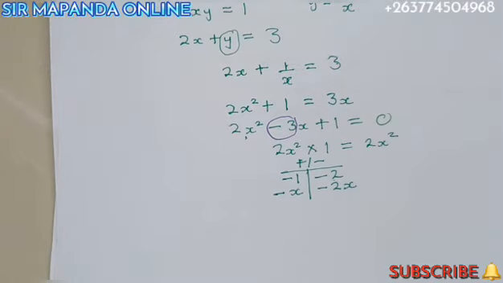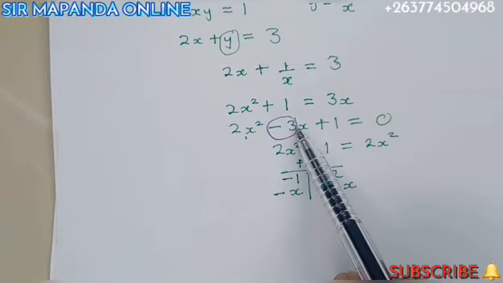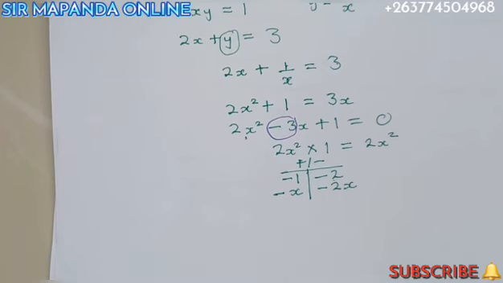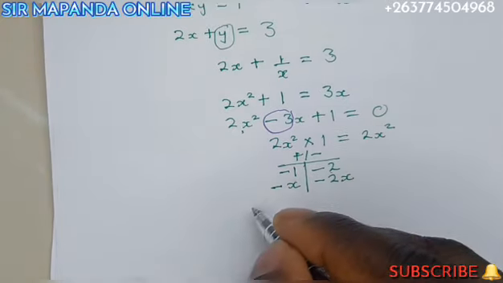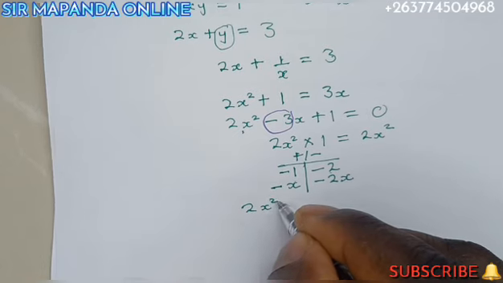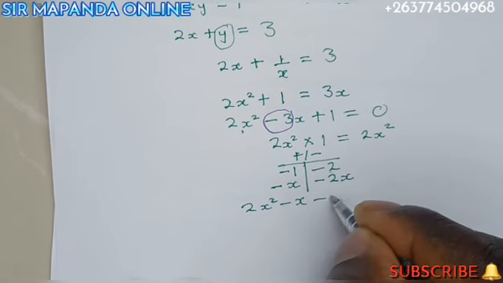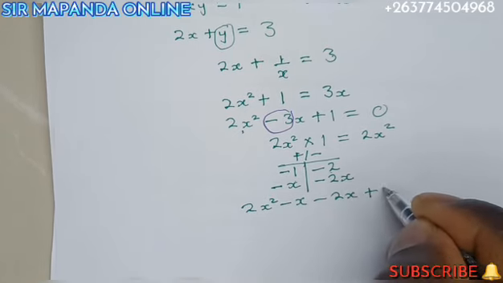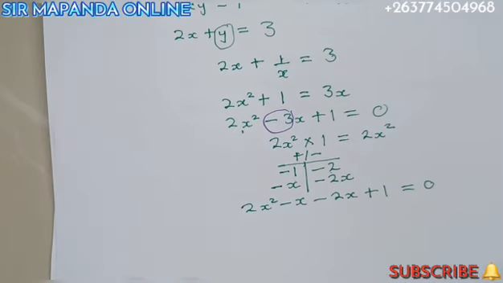So for factorization by grouping, we are going to remove this middle term, minus 3x, and plug in the two factors, which are minus x and minus 2x, whilst the 2x squared and 1 remain the same. So you get 2x squared minus x minus 2x plus 1 is equal to 0.